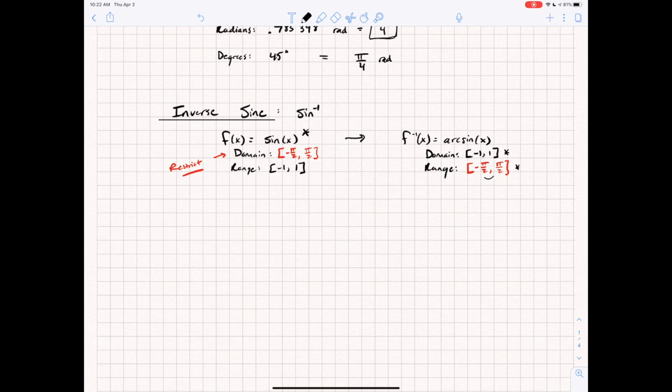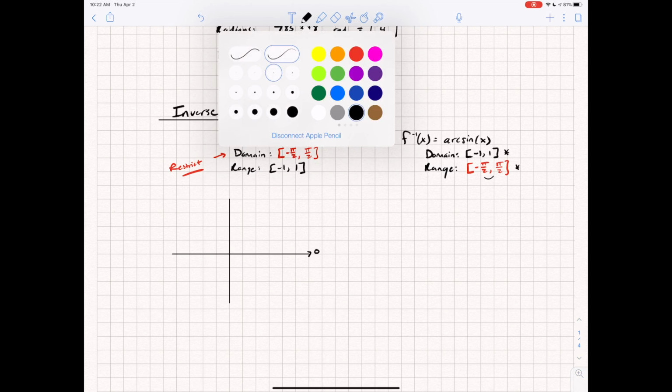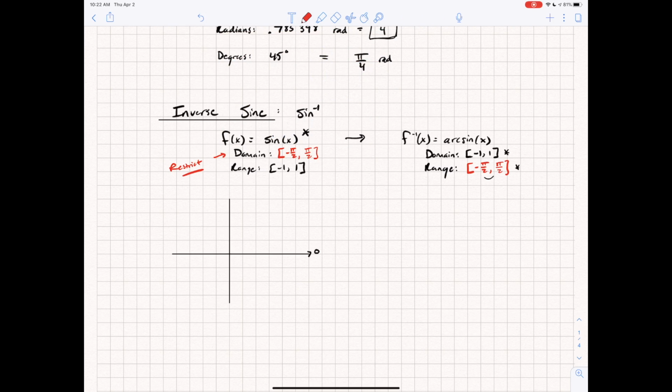All right, so if I go to my unit circle, and I'm just going to draw a basic unit circle here. If I'm starting here at 0, if I want to go to positive pi over 2, I'm rotating just 90 degrees in the positive direction, but I'm stopping here because that is where pi over 2 is. I can't go past it.